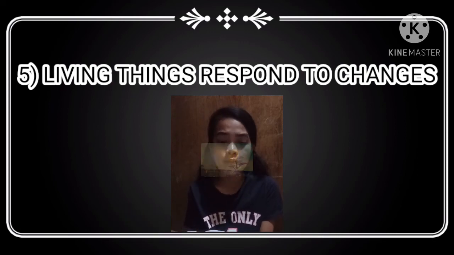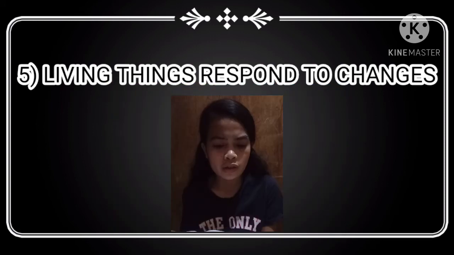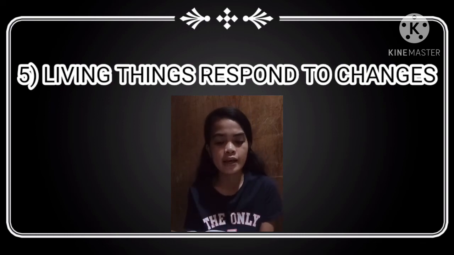Examples: a sunflower moves towards the direction of the sun, and when a person touches something hot, he or she automatically withdraws his or her hand. Do you understand, kids? Okay, that's great.